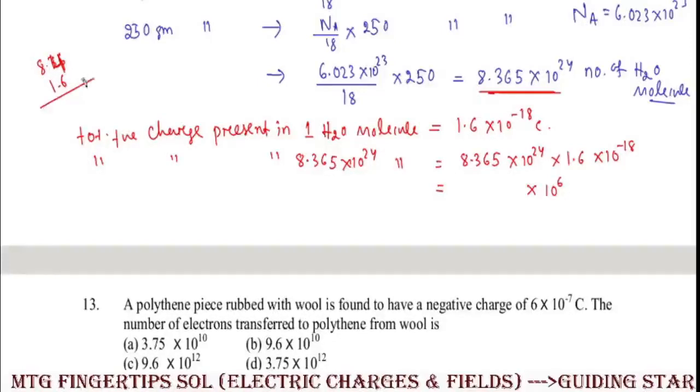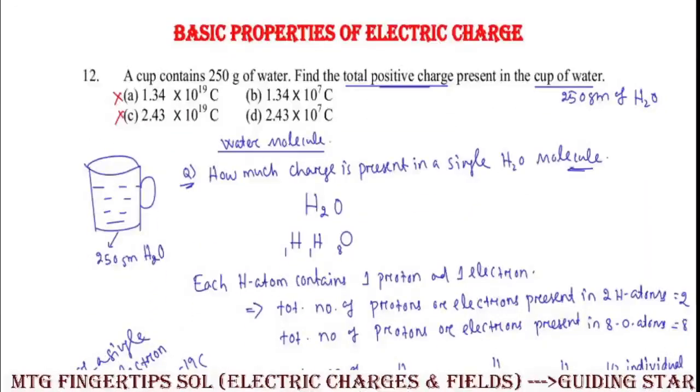It comes out to be approximately 13.4 into 10 to the power 6, which can be written as 1.34 into 10 to the power 7 coulomb. Clear? So option B is the correct one. The total positive charge present in 250 gram of water is 1.34 into 10 to the 7 coulombs of charge.